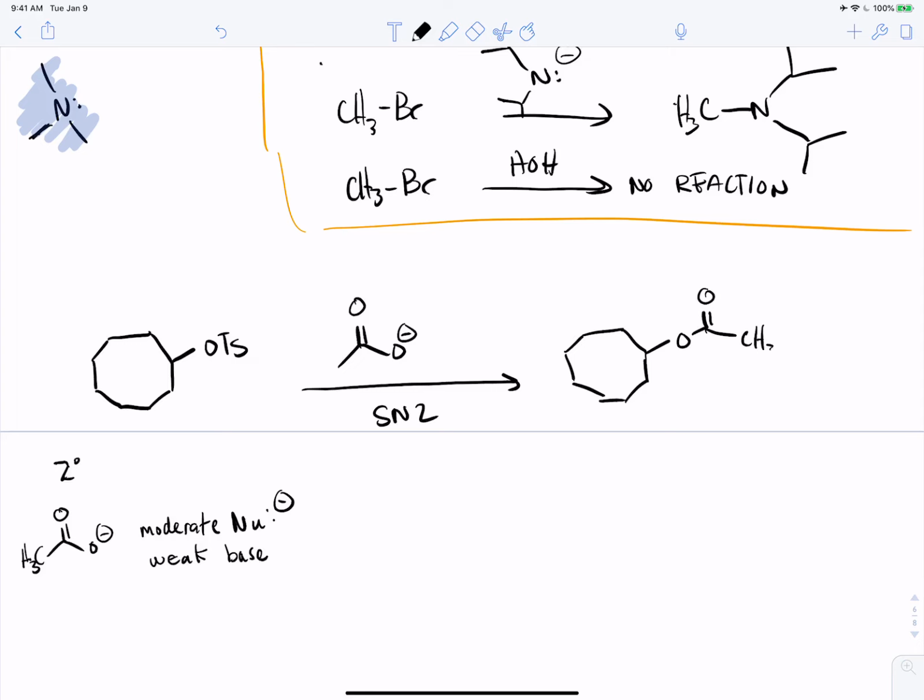And where am I getting that from? Well, my thinking is secondary, yeah, that doesn't help me much. But when I come down and I know it can go through SN2, E1, SN1, etc.